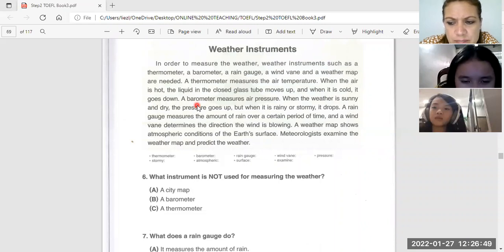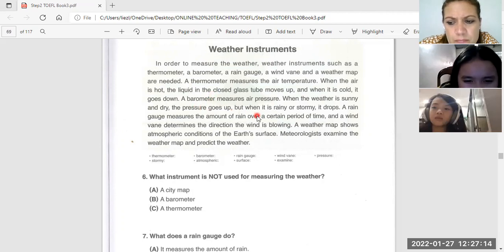A barometer measures air pressure. When the weather is sunny and dry, the pressure goes up.